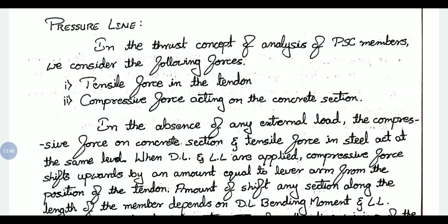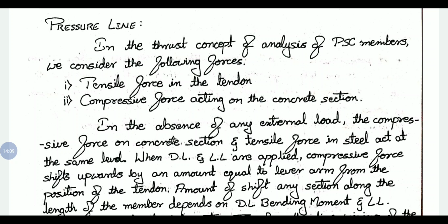The last topic of the first module is the pressure line. Here, if you recall the thrust concept, we have considered tensile force or tensile stresses in the tendon and compressive force in the concrete section.